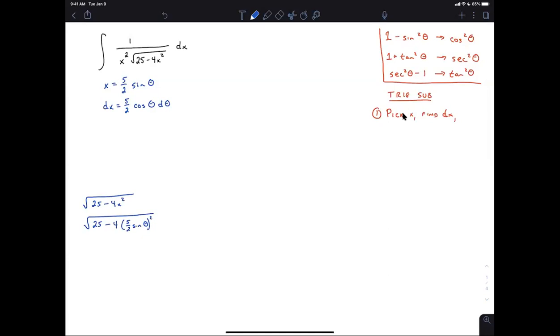So I'm going to square what's inside the parentheses. So I get 4 times 25/4 sine squared theta. The 4's then cancel. So I get 25 minus 25 sine squared theta. I can factor the 25 out.